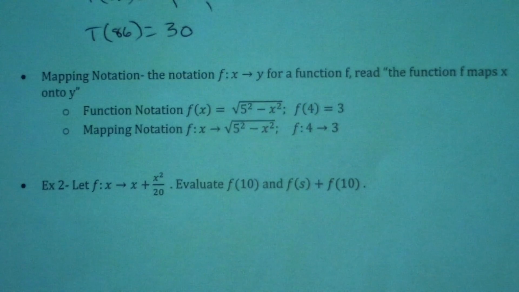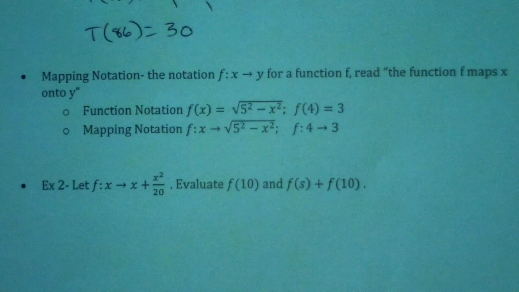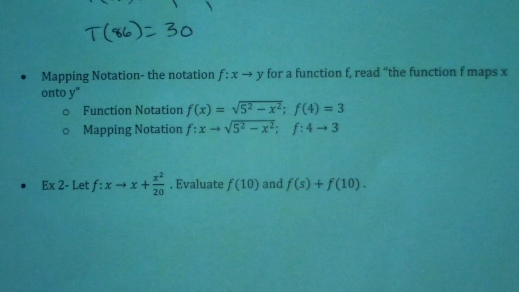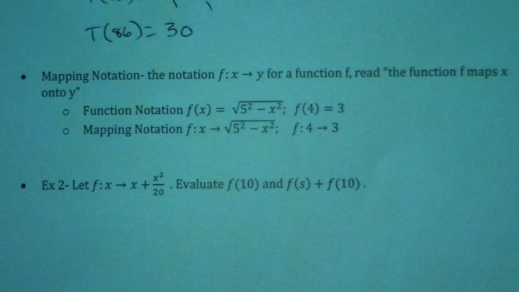Okay, so now this mapping notation. If you remember from yesterday, one of the things that we wrote in our notes was that maps or mapping was a synonym of function, so they mean the same thing. Same here, when we use mapping notation, the writing of it is just a little bit different. Instead of using the parentheses and the equal, they use a colon and an arrow, but it means the same exact thing, okay?